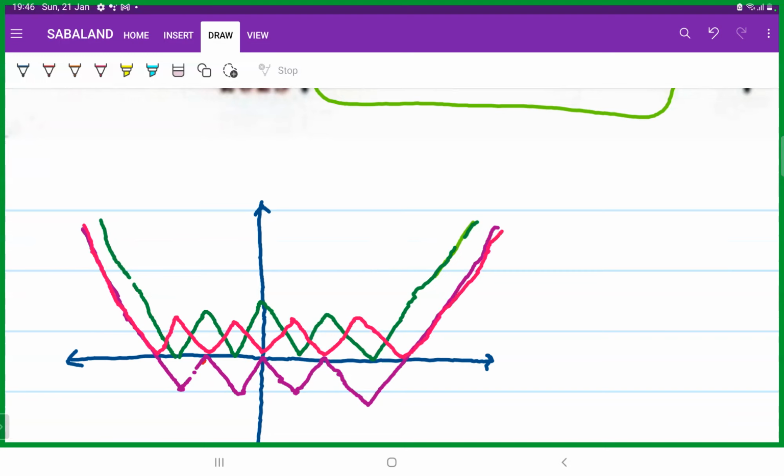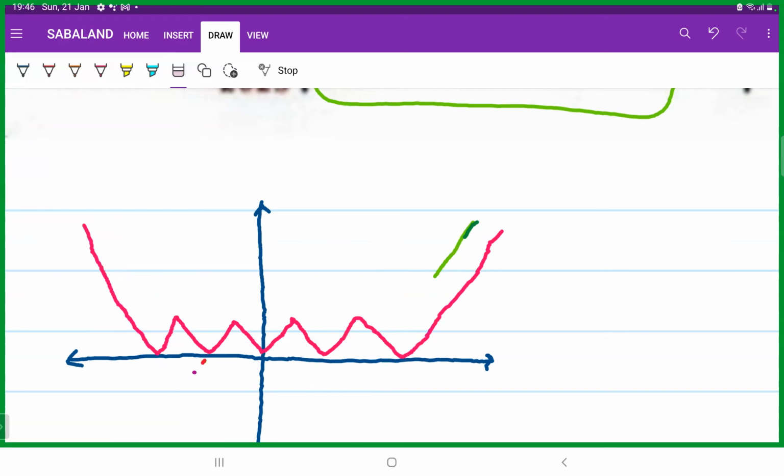Again the green graph no longer exists, and neither does the purple graph. If you see, the points on the x coordinate are 0, 1, 2, -1 and -2.